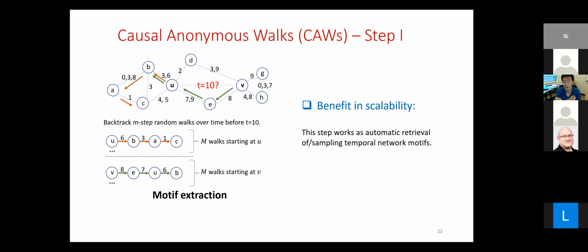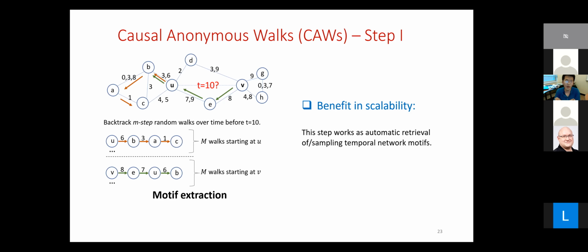We want to say whether there's a link between these two. So we start from U and V and do some random walks to collect these random walks over the graph. And of course, here we require these random walks to follow something we call causality. So we require these random walks to be backtracked over time.